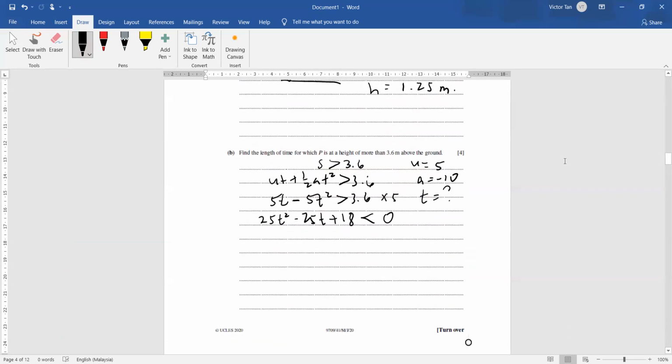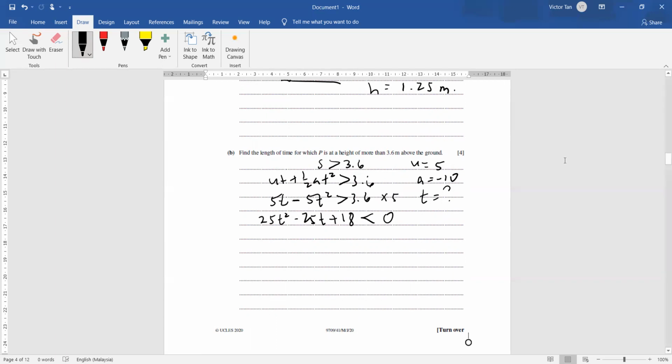Should be able to factorize this. 5 times 6 is 30. 5 times 9. Okay, better find this.